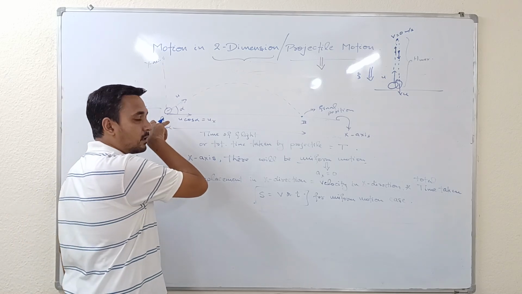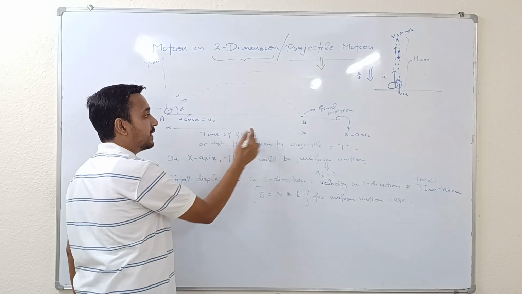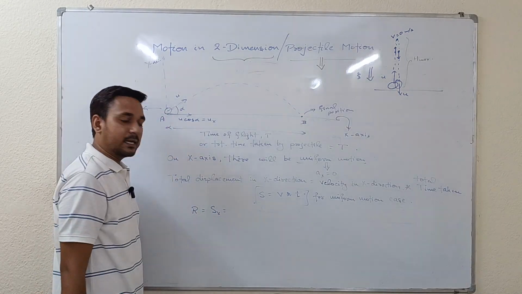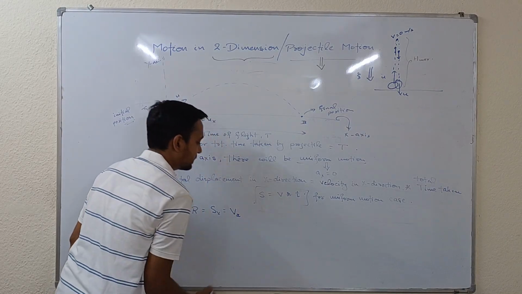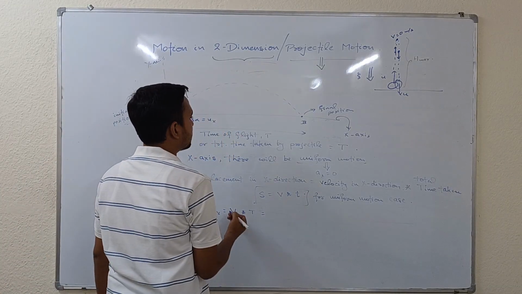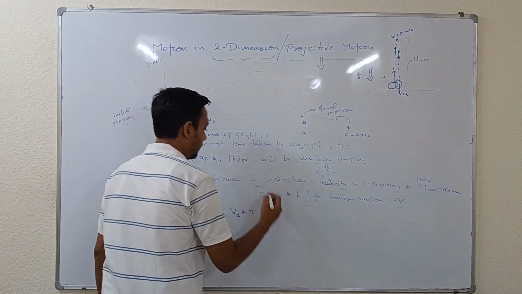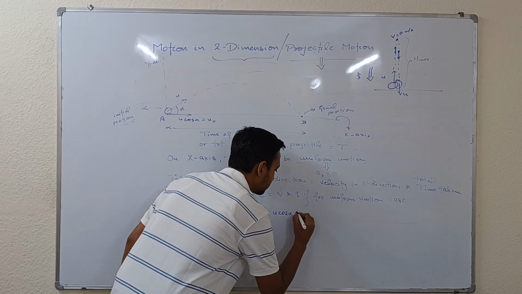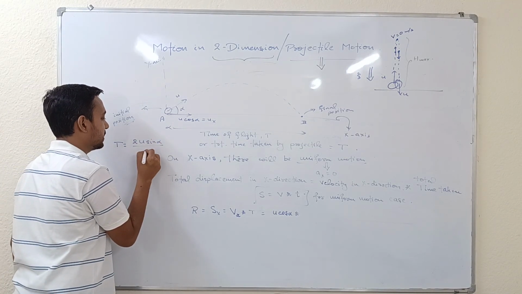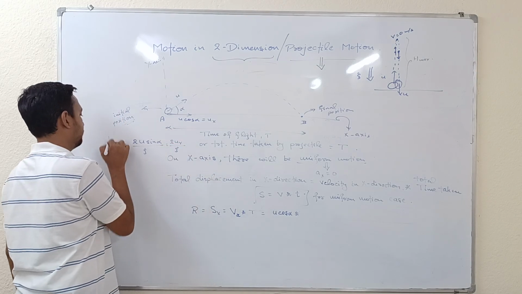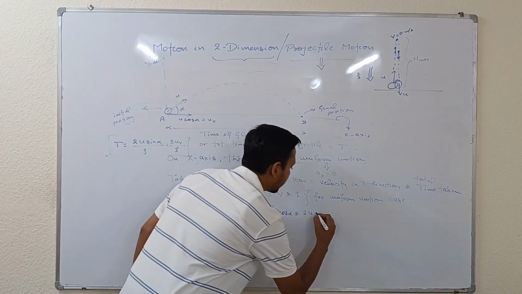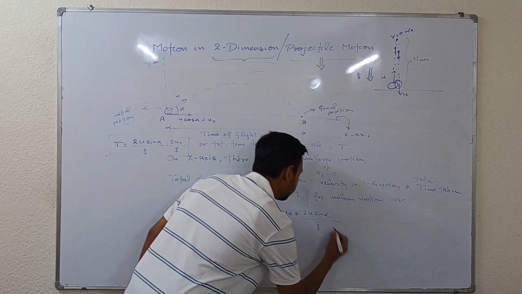So the total time taken to cover this entire path is the time of flight, that was capital T. So the displacement in the x direction is nothing but the range, equal to the x component of initial velocity times the time of flight. The value of Vx is always equal to ux, so u cos alpha. And the time of flight was 2u sine alpha by g, or 2uy by g, right?